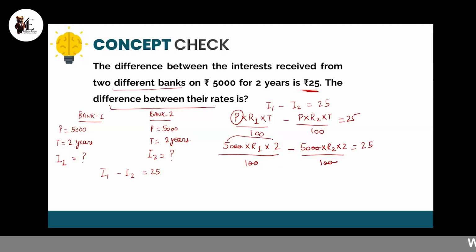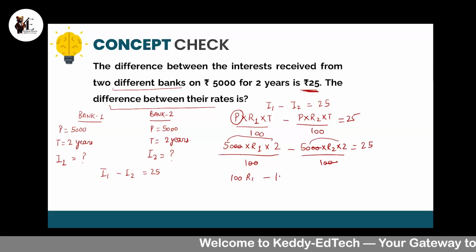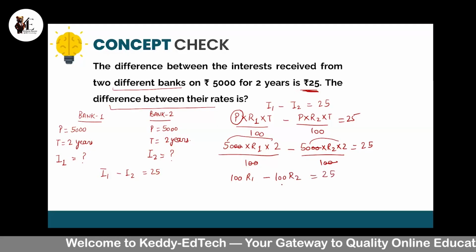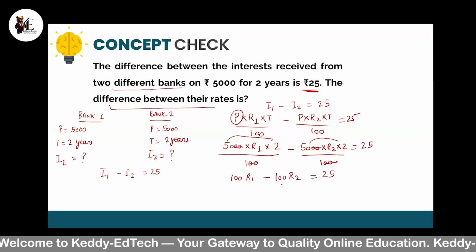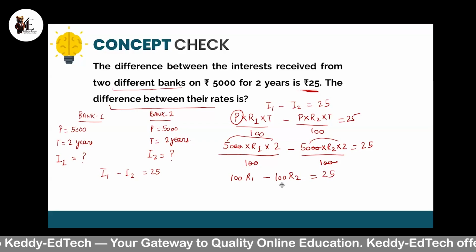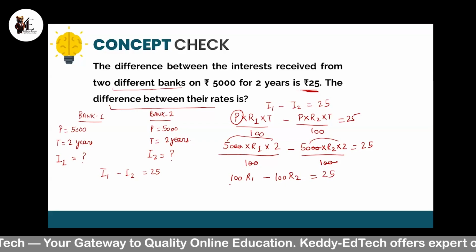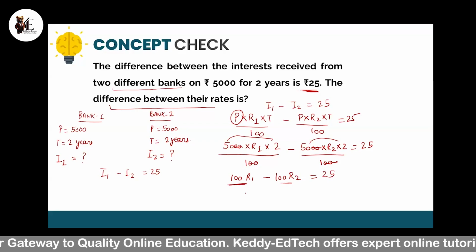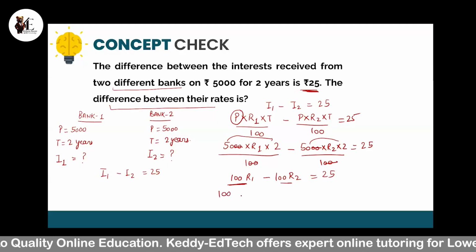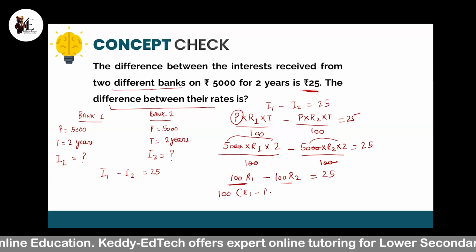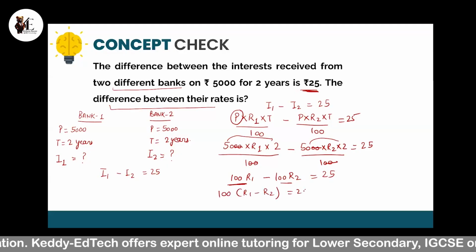So 50 into 2, that will be 100 R1 minus 50 into 2, that will be 100 R2 is equal to 25. So I can take out 100 as common, because you can see 100 is present in this term and in this term as well. So 100 times (R1 minus R2) is equal to 25.